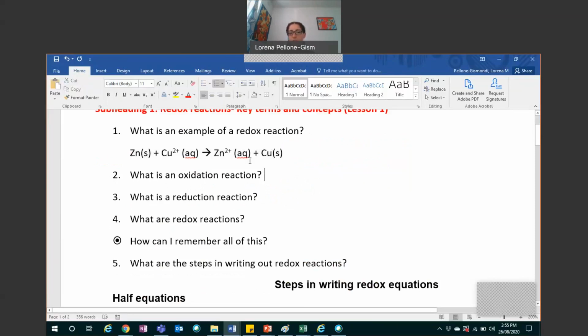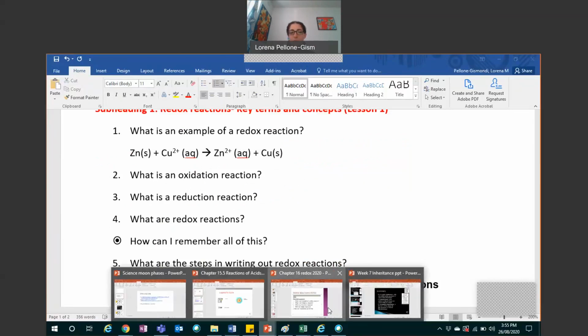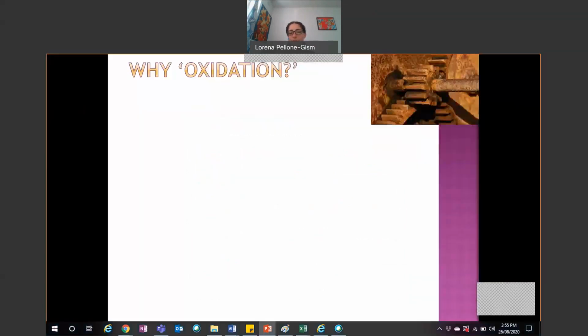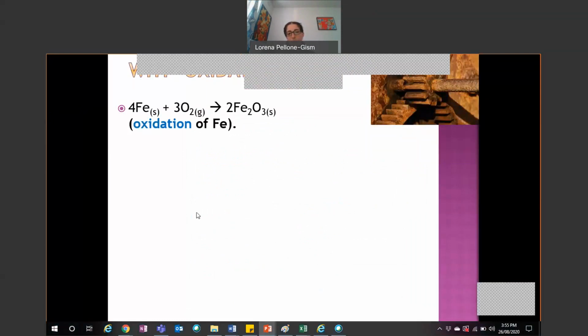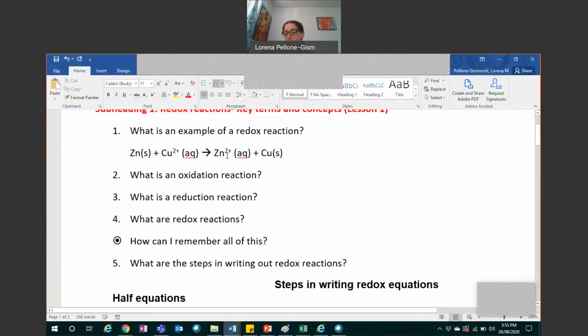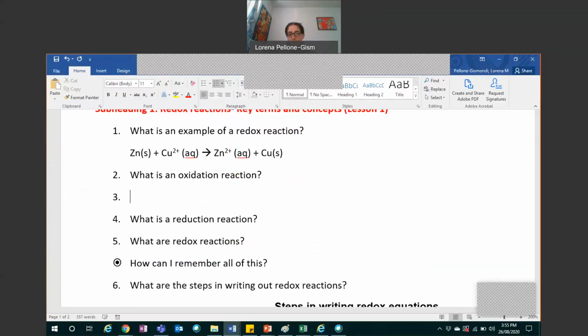So what is an oxidation reaction? Well, on the PowerPoint, we saw that when iron is oxidized, it goes from a 0 to a positive. So it's actually becoming positive. So it's actually losing electrons. So oxidation refers to the loss of electrons.